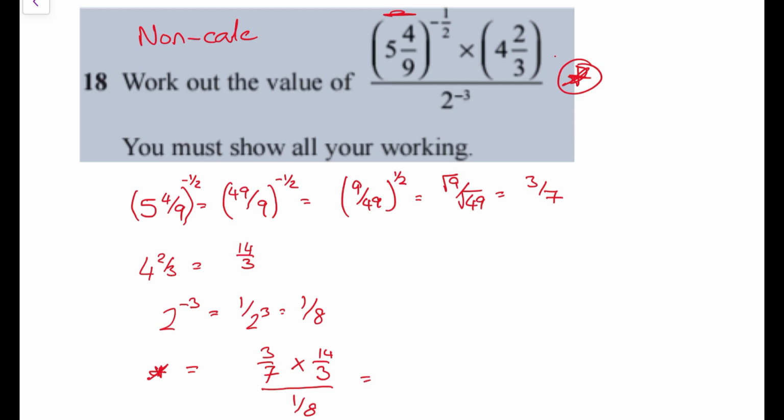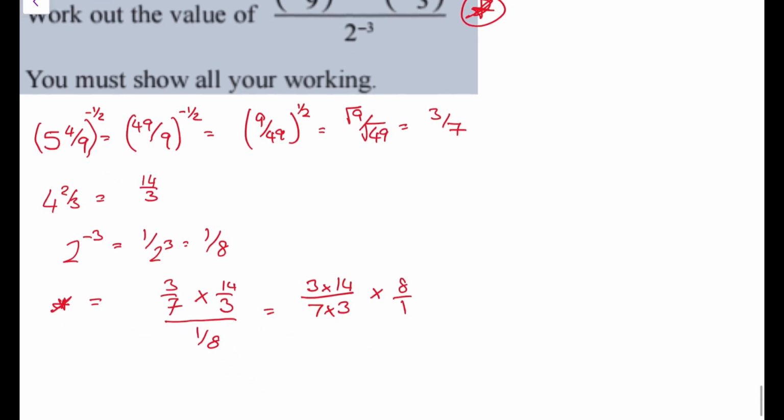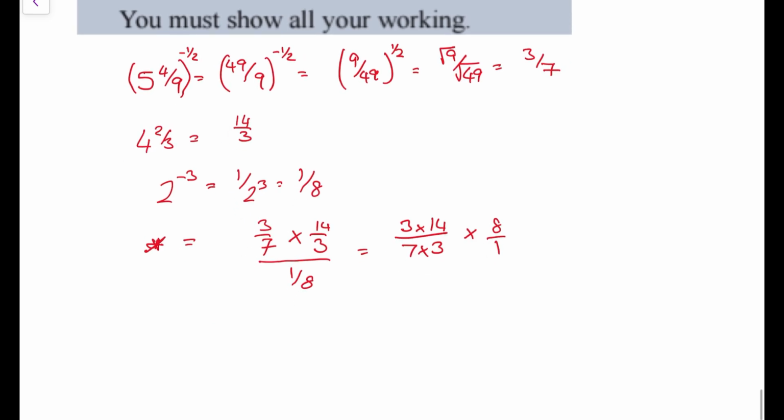So that's the same as 3 times 14 over 7 times 3, multiplied by, or divided by an eighth, which is the same as multiplied by 8 over 1. Keep, change, flip, which is this. So I've shown the steps that I'm doing. Now let's tidy this up a bit. I'm going to just zoom in. So that's going to be the same as, well, my 3's cancel.